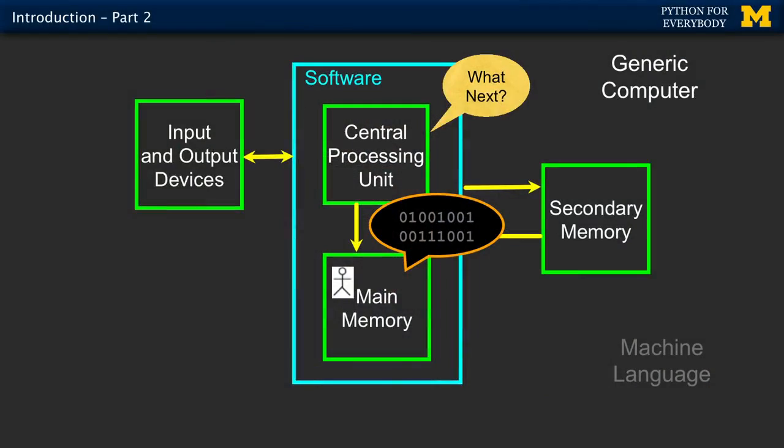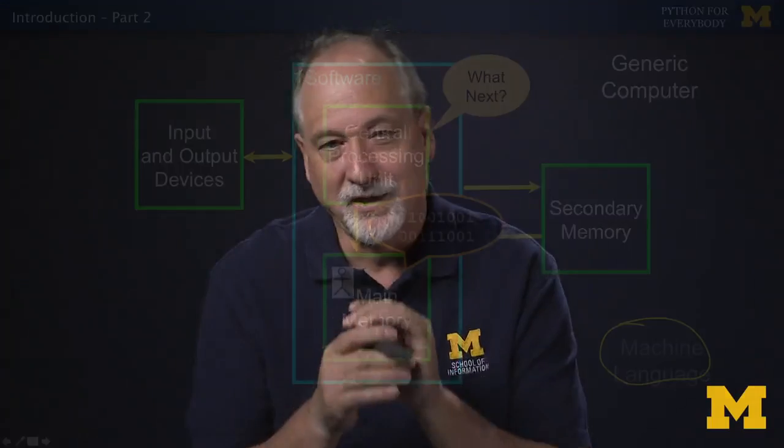Now it turns out that the instructions this central processor uses are a series of zeros and ones. When I said 32 zeros and ones or 64 zeros and ones are fed in simultaneously for each of the instructions, we use a language called machine language. I would love someday to teach you machine language, but we don't have time right now. That's more moving towards being a computer scientist. Basically, we don't have to worry about that too much.